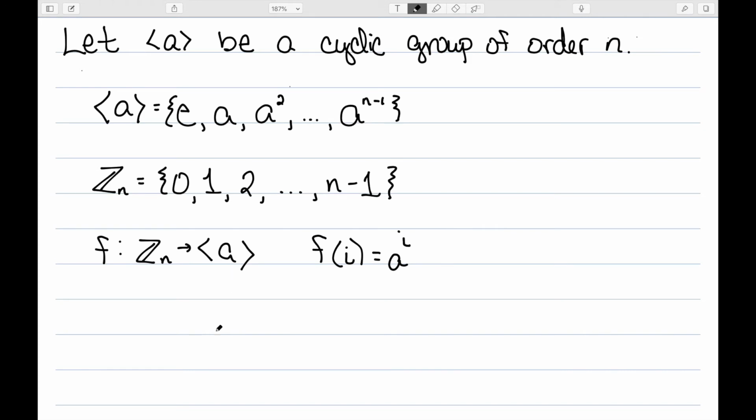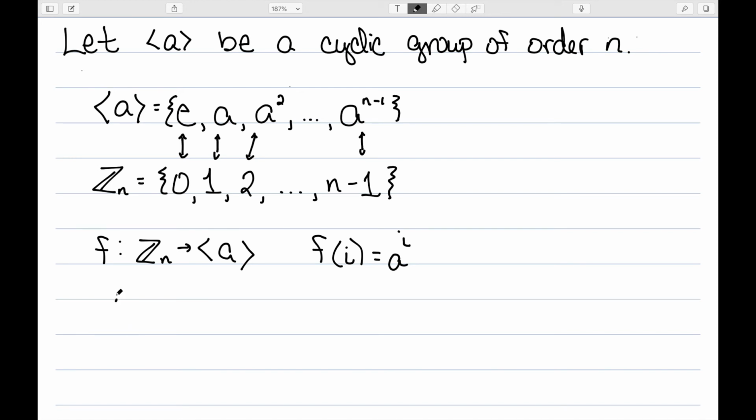We can show that these two groups are isomorphic. In order to do that, we're going to build this function f going from Zn onto our group generated by A, defined by f of i equal to a to the i. We can see pretty easily that this is bijective. We have things in the corresponding positions in these two lists.